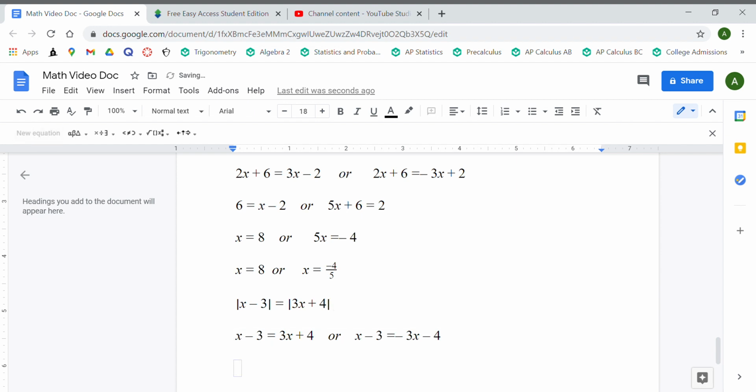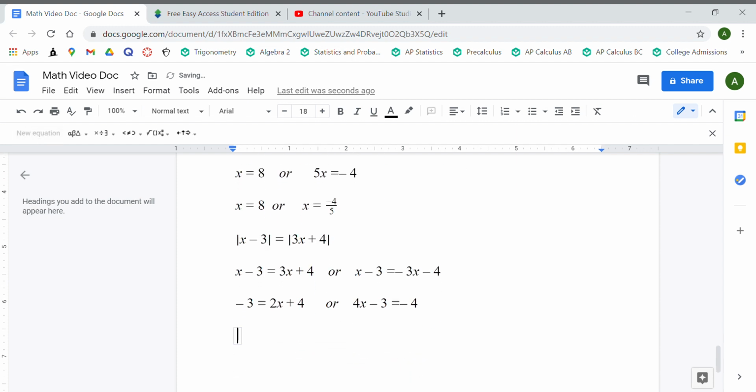And then we're going to solve the equations. So subtract x on both sides. This is what you should get. Here we add 3x to both sides. And then here we subtract 4 on both sides. Negative 7 equals 2x.